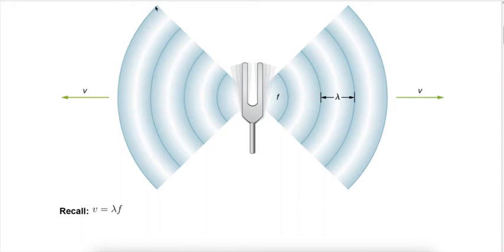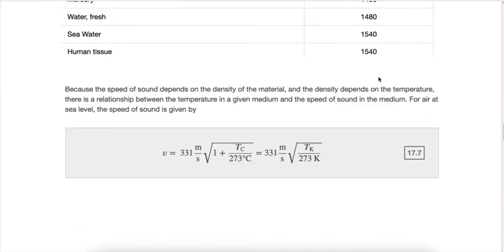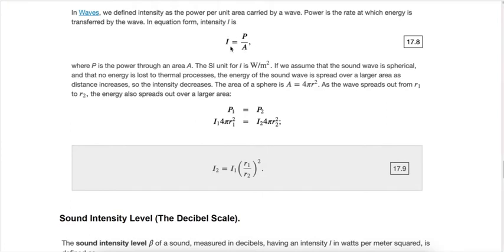That energy is being spread out over bigger and bigger surface areas, so the intensity is decreasing. So at a certain distance, our intensity, which is measured in watts per square meter, will be the power at the source divided by the surface area of a sphere at that distance.